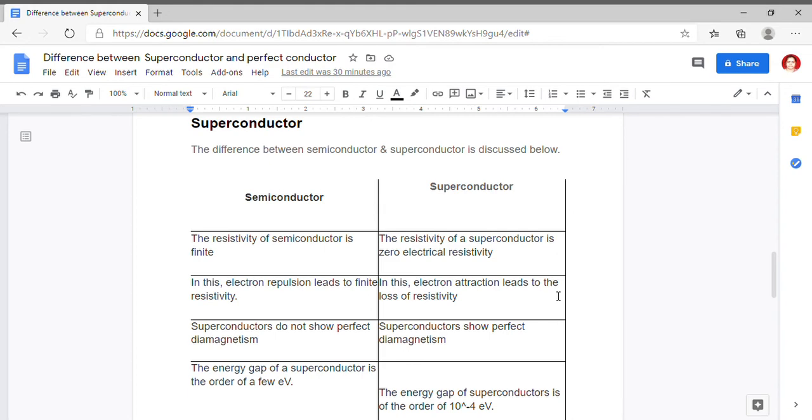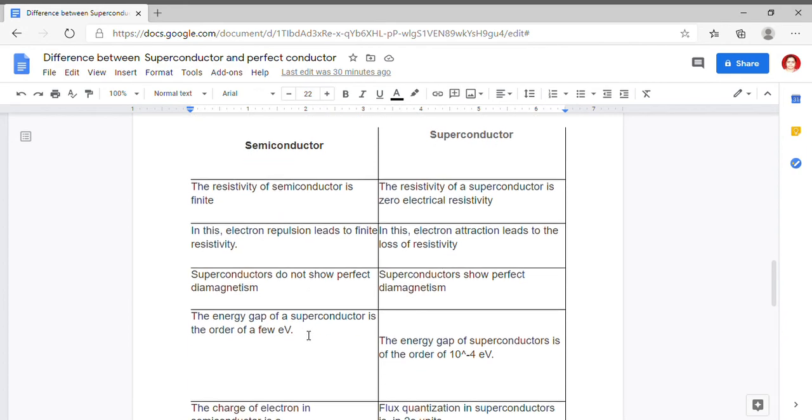This electron attraction leads to the loss of resistivity. So the second difference is, in semiconductor, there is repulsion between electrons. In superconductor, there will be attraction between electrons.